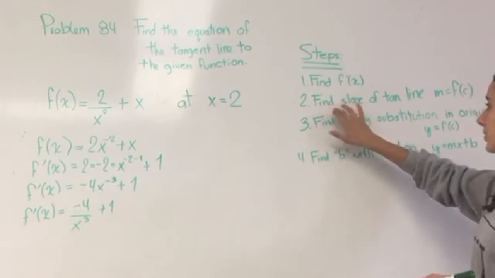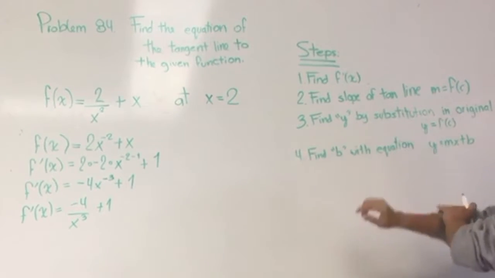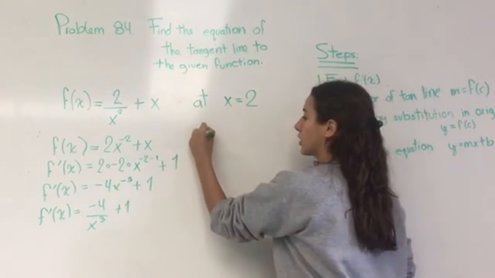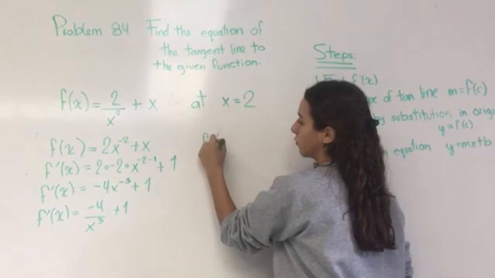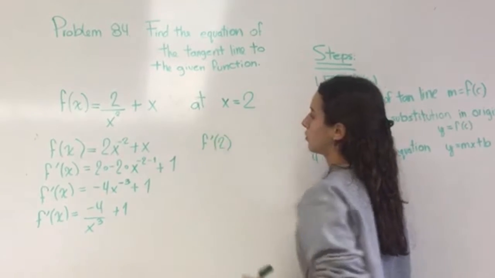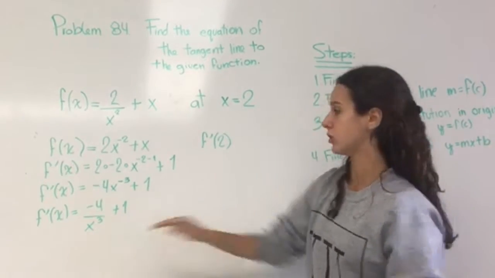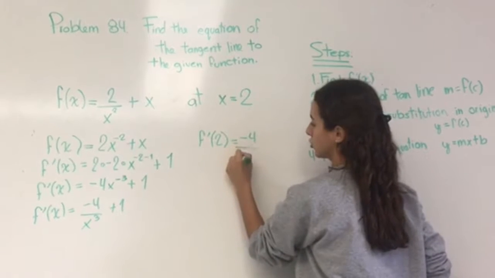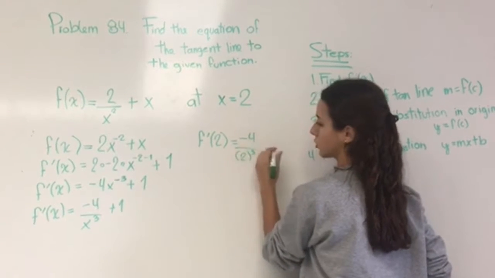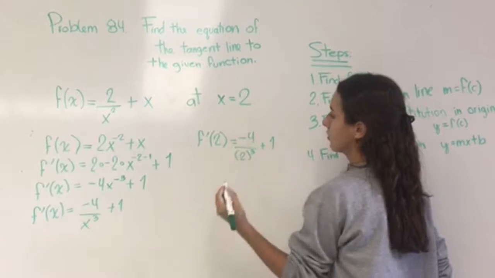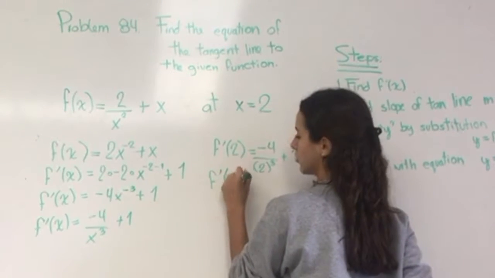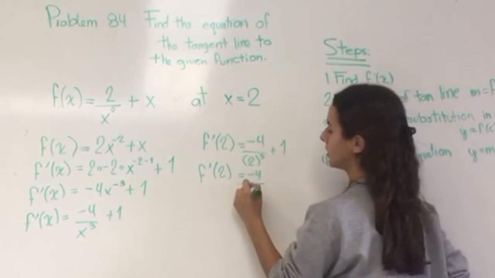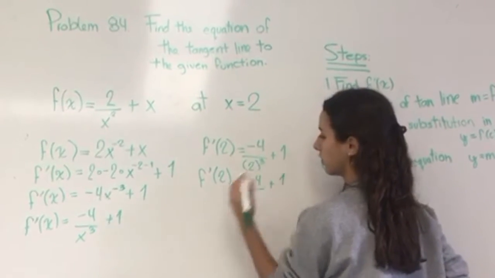Then the second step is find the slope of the tan line. So using x equals 2, you plug it in, f prime of 2. You plug 2 into this equation, so it will be -4 over 2 to the third power, which is 8, plus 1.